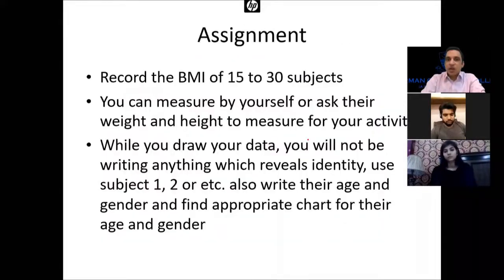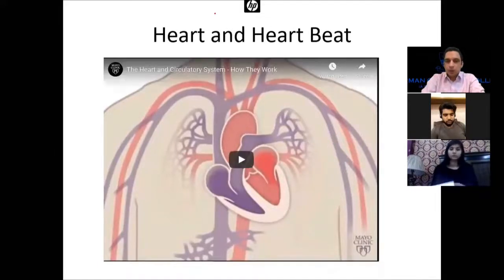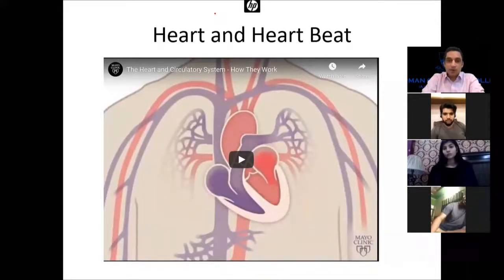The second part which I will be teaching you is about the heartbeat. The heart is one of the most sensitive organs present in our bodies, and the job of the heart is to collect the blood from the different parts of the body and then send it back again to those parts.